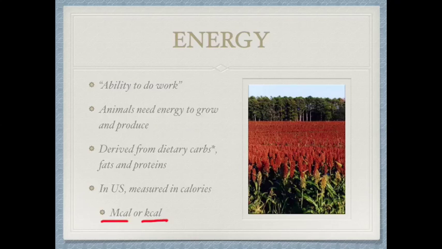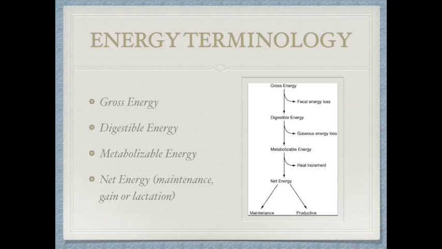Depending on the size of the animal, the larger species, such as cattle and horses, will use Mcals. The smaller species, such as poultry, pigs, sheep, etc., will use kcals. Different species describe energy in different ways.